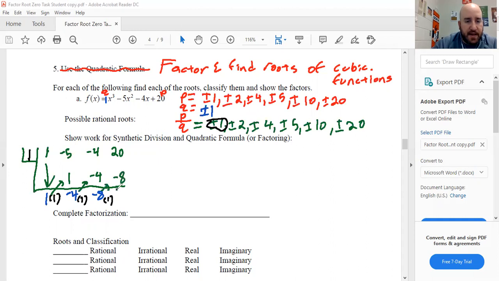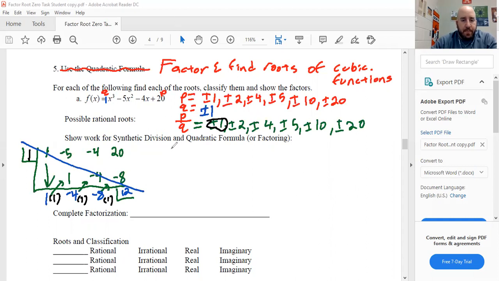And then 20 minus 8 is 12. So I finished this first synthetic division, and I did not get a remainder of 0. Again, we're looking for a remainder of 0. So that one didn't work. You can put a slash through it if you want to.